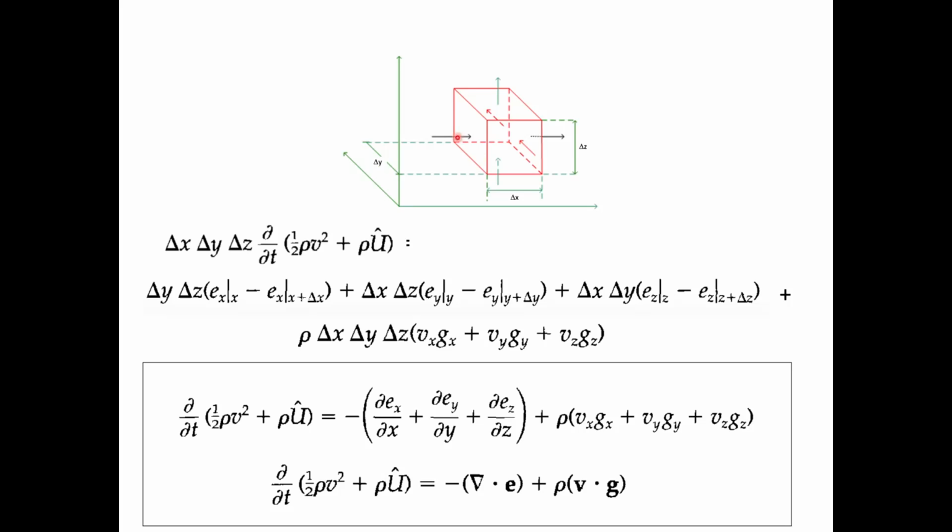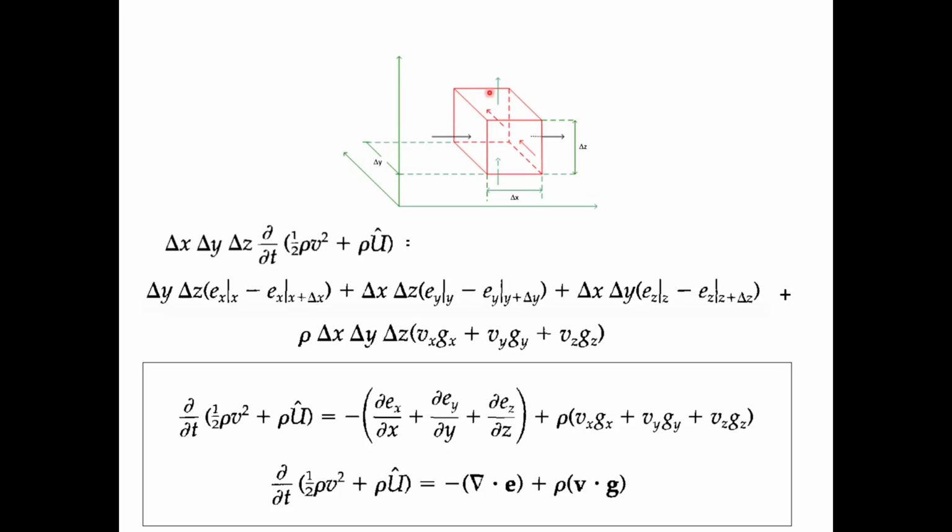So we assume that there is a heat flow in the positive x direction, the positive z direction, and also the positive y direction. Okay, where this is the x positive, this is the z positive, and this is the y positive.